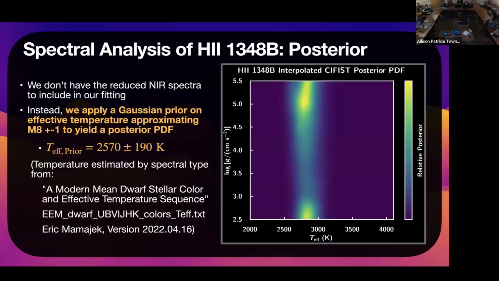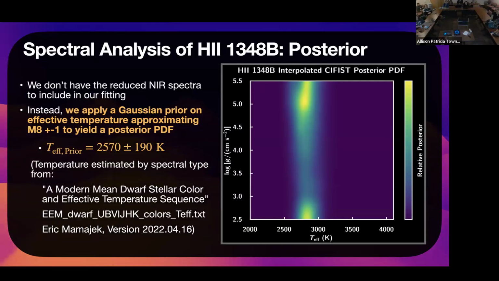And we then assigned a prior on effective temperature given the previous spectral analysis. So for M8 plus or minus 1, we assumed a prior of around 2600 Kelvin plus or minus 190. And applying that to the likelihoods of fitting to the photometric measurements shifts the distribution in effective temperature to lower temperatures as we would expect.